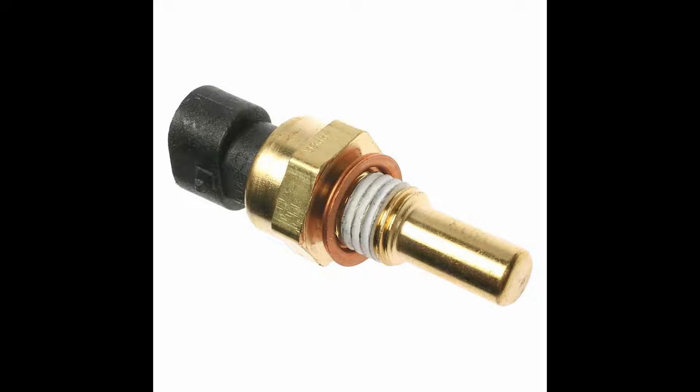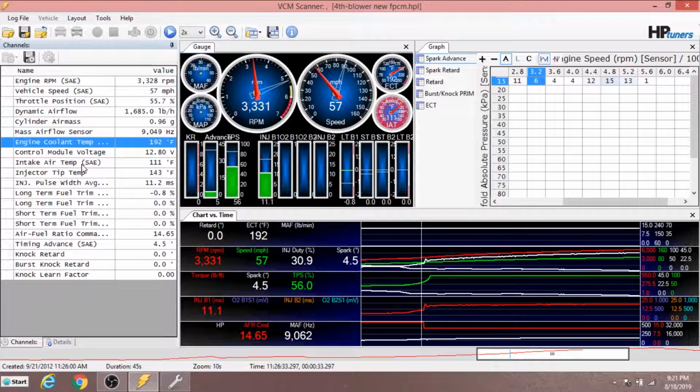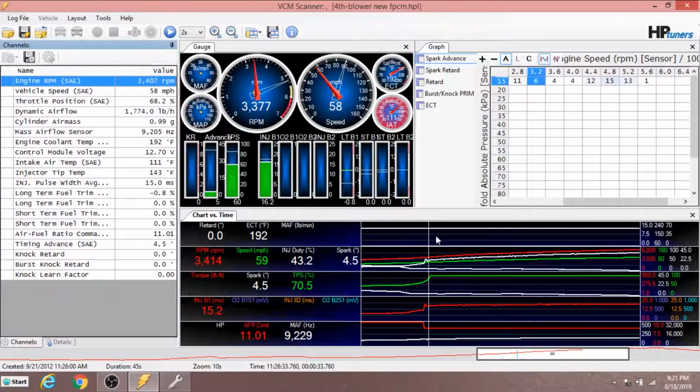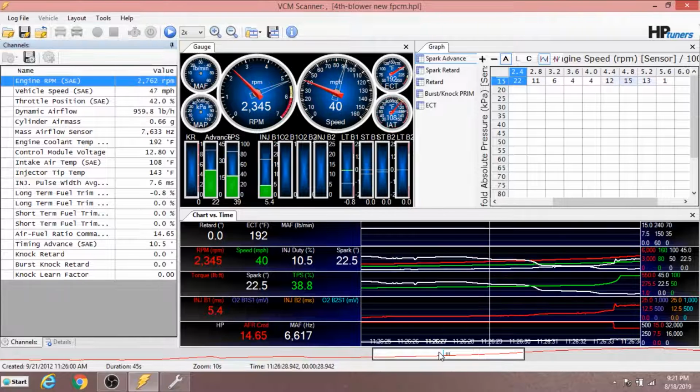So let's say it's on a factory ECU and GM says 210 degrees is where we want the engine to operate properly. When it gets to that temperature, the computer goes into what we call closed loop, and we'll talk about that in a minute as well. But the temperature sensor becomes very important because open loop and closed loop really helps to tell you what the engine's doing with the fuel and the air that's coming in, and how much fuel it needs to add to it.